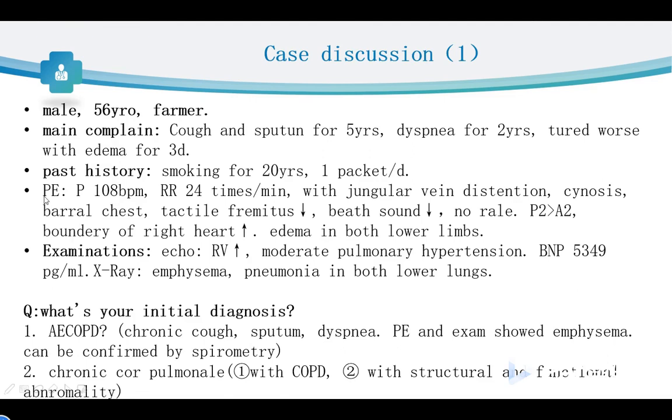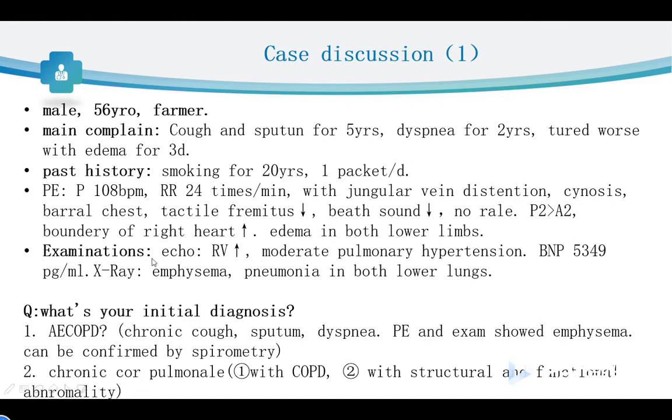And during the physical examination, we can find the pulse increased and distension of the jugular vein. P2 is louder than A2. Increased boundary of the right heart and edema in lower limbs.